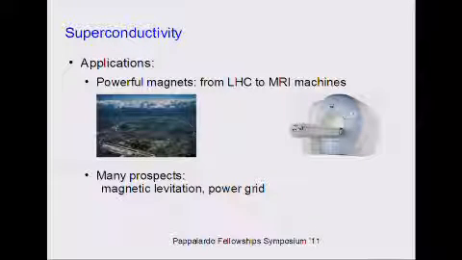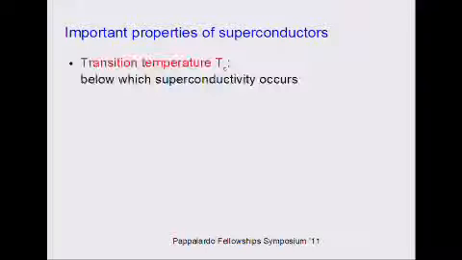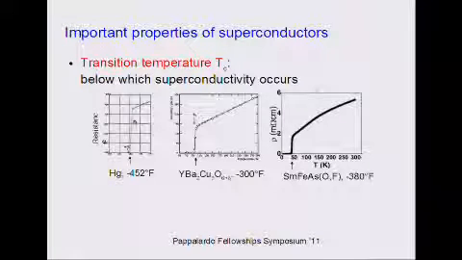However, there's one important property we have to improve on superconductors to really use them. That's the transition temperature, the temperature below which we have no resistance. Let me show you some simple examples of typical transition temperatures. This is the first superconductor, mercury, with a transition temperature of 4 Kelvin. And these two are so-called high-temperature superconductors.